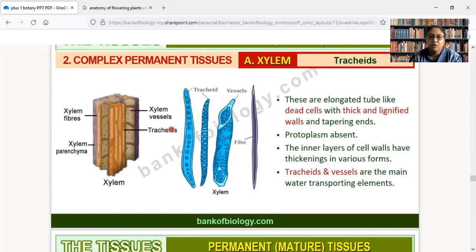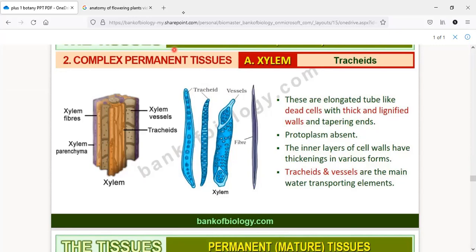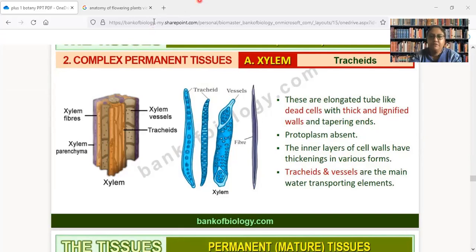Now, tracheids and vessels are the major part that forms the transport pipeline of the plant. Their walls are very much lignified and they have an empty lumen. What is this lumen? If you consider a pipe, inside the pipe there is a hollow cavity through which water passes.